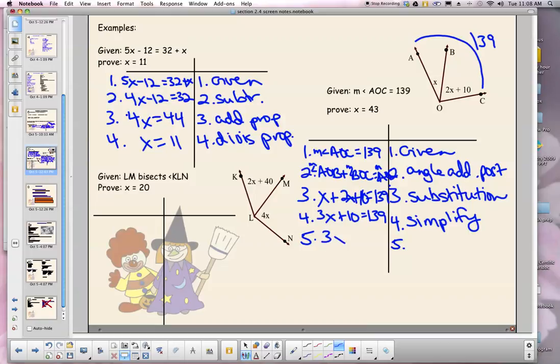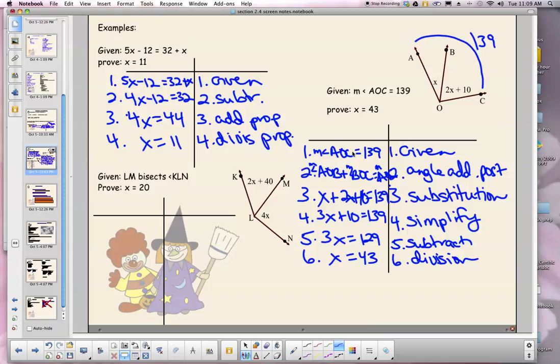So I'm going to get 3x equals 129. And that would be subtraction because I subtracted 10 from both sides. And then I'm going to divide by 3. And so x is 43. And that was because of the division property. And that's what I was trying to prove. I was trying to prove that x equals 43. So there, I'm done. That's the end of that proof.